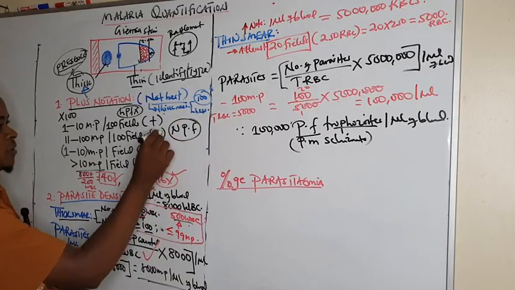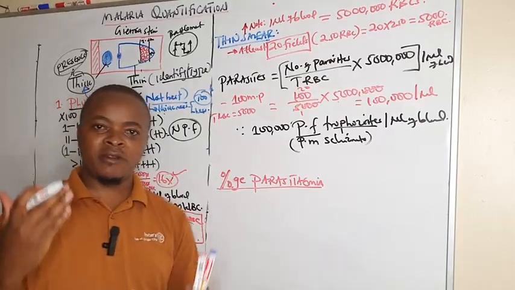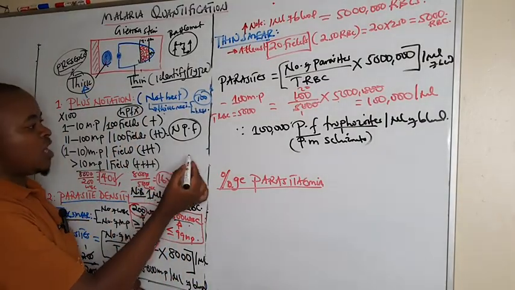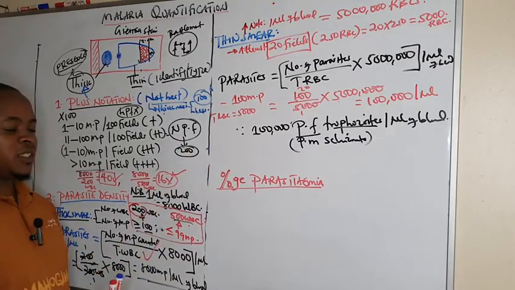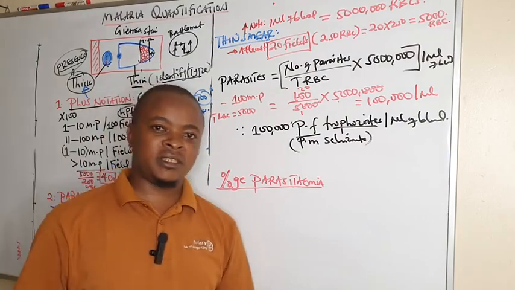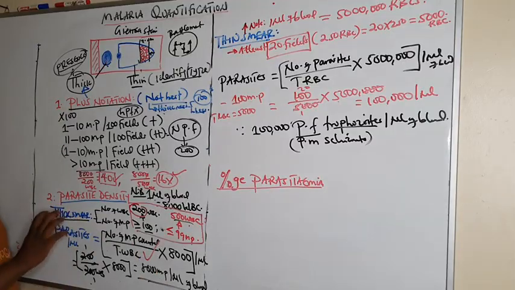That's how we report. But for the areas which we suspect to have P. malariae, you don't stop on 100 fields, you can even go up to 200, so that you increase the chances of detecting the parasite. So this is the parasite density method.